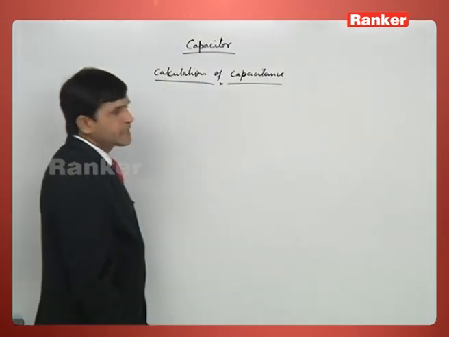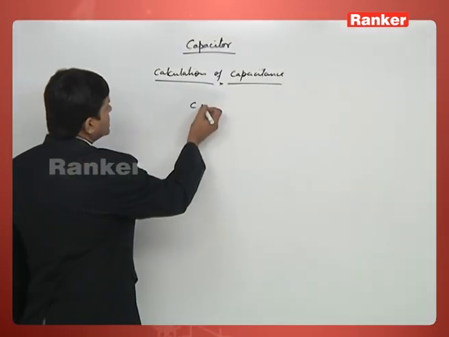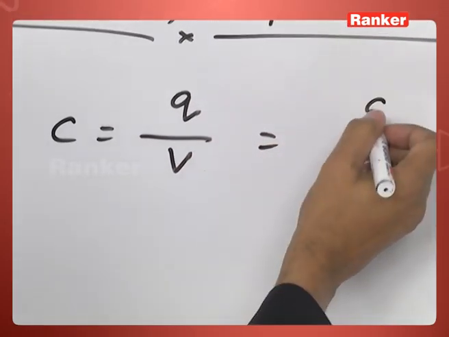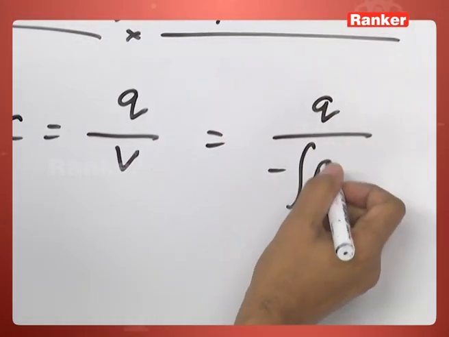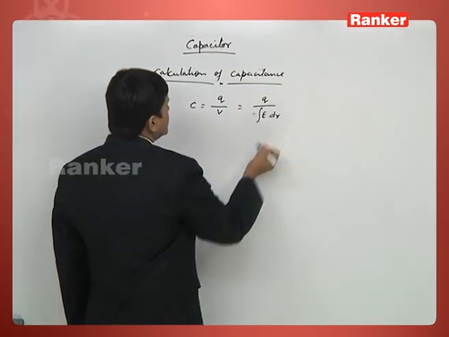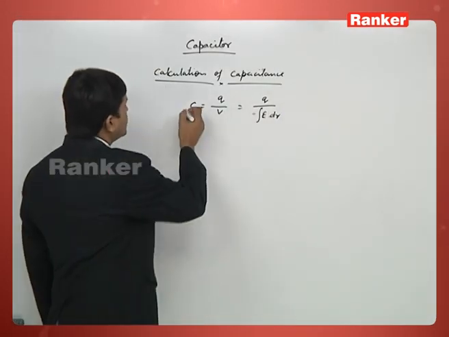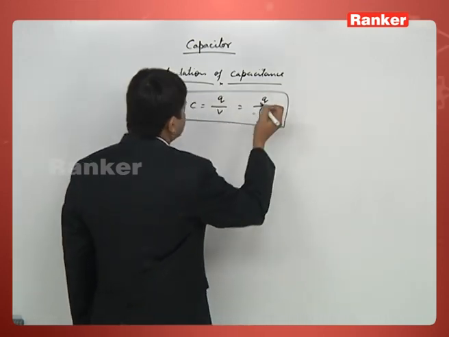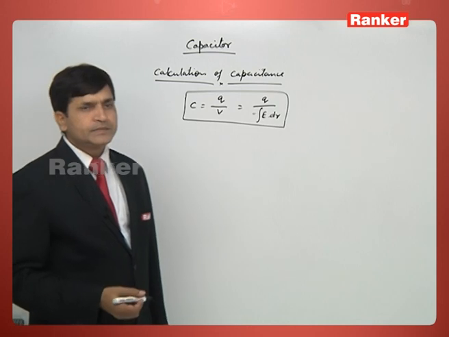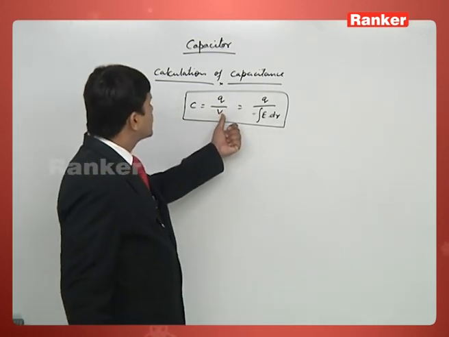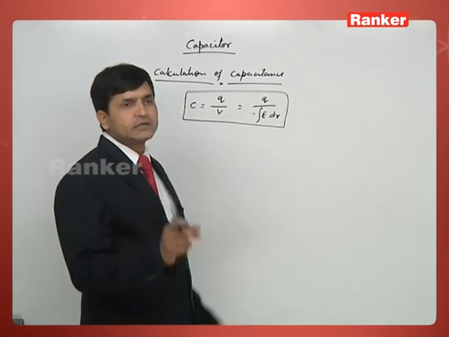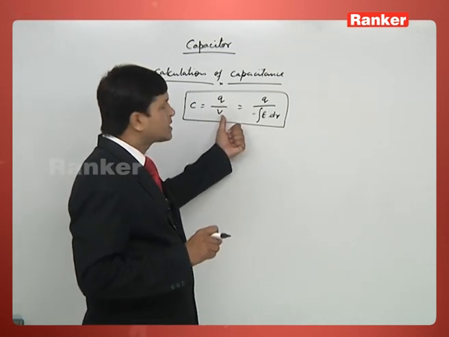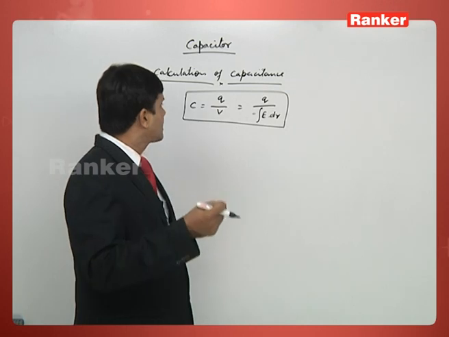We will use the basic formula C equals Q by V, or Q by the integral of E dot dr. This is the basic and fundamental relation by which we can get the capacitance of a conductor. Here V is the potential on the surface of the conductor, meaning the potential difference from the surface to infinity.